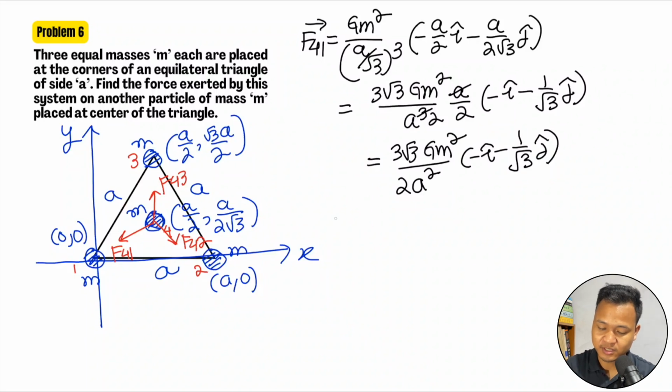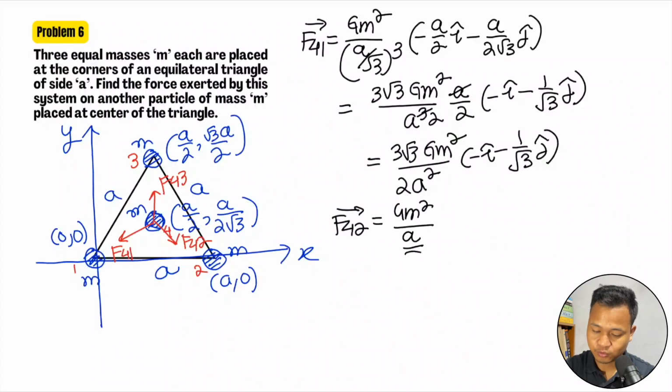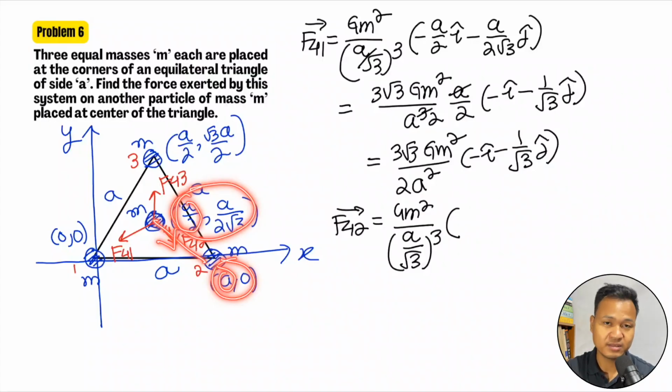Okay, similarly you have force on 4 due to 2. So how much will you have? m square divided by a by root 3 the whole cube into final minus initial. The final vector minus the initial vector, a by 2.